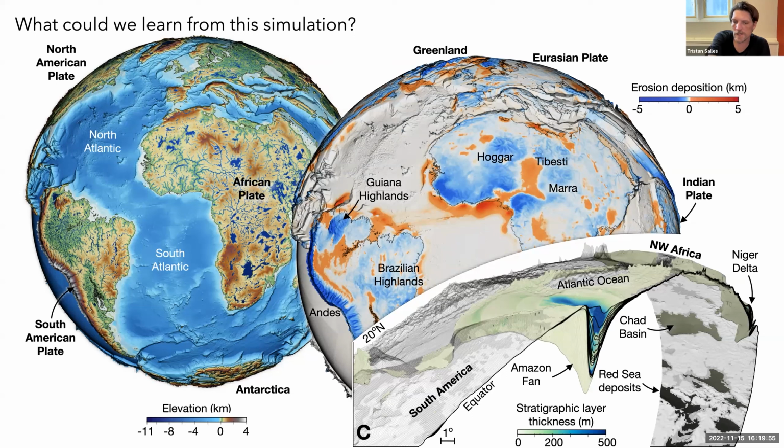In this case, we are close to the Amazon fan, so the sediment will come from the Andes, I guess, and be transported and deposited in the Amazon fan. So we have this record at different stratigraphic layers that you can compare afterwards with some data, and I will show that a bit later. So that's the first kind of output that you get.